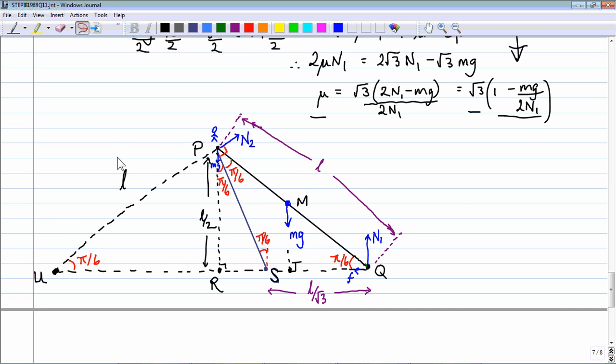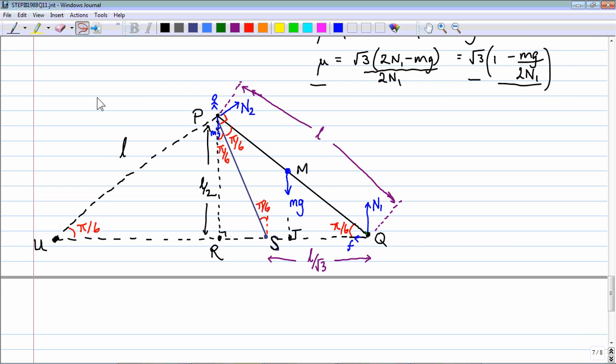So here's the diagram again, and what I'm doing is observing that if I take moments about U, I get the following equation. Clockwise moment, starting with the labourer's weight, that's mg times a perpendicular distance UR, plus the ladder's weight mg times a perpendicular distance UT, equals N1 times a perpendicular distance UQ.